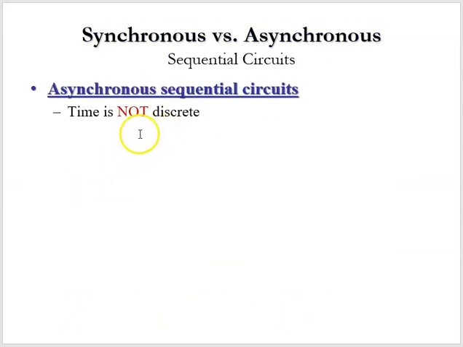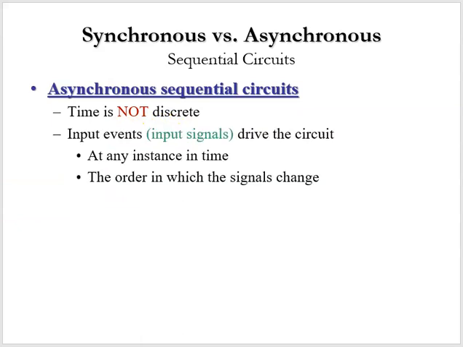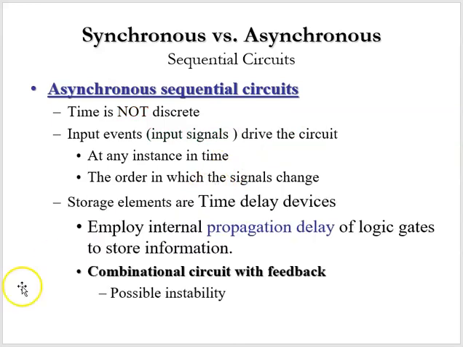In asynchronous sequential circuits, however, time is not discrete. The input signals that drive the circuit, at any instant of time, those signals can change, and the order in which they change is what defines the time sequence. So those storage elements are essentially time delay devices. That's the propagation delay we learned about.